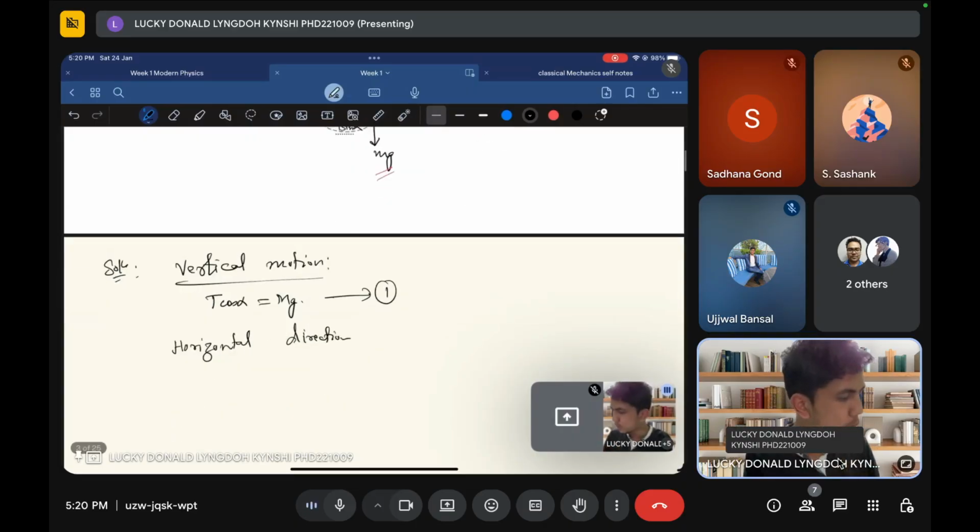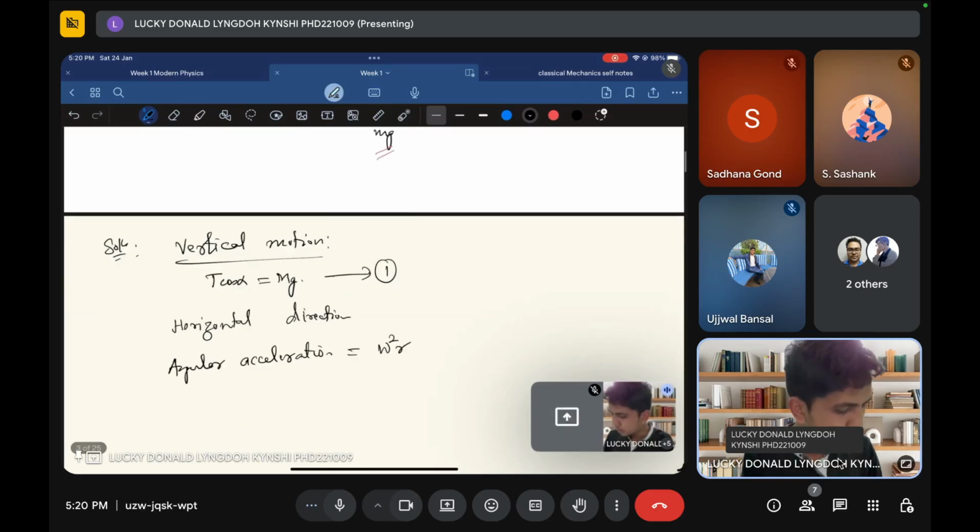So when you move in a circular path, what will happen? You have an angular acceleration which is equal to minus omega square r.